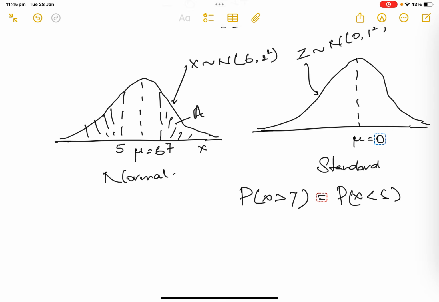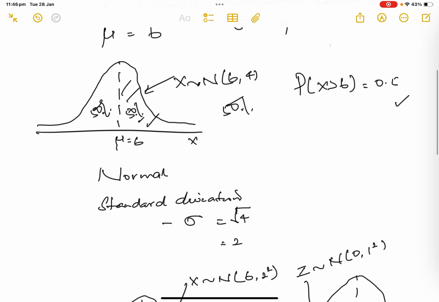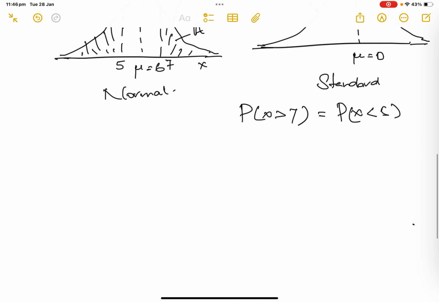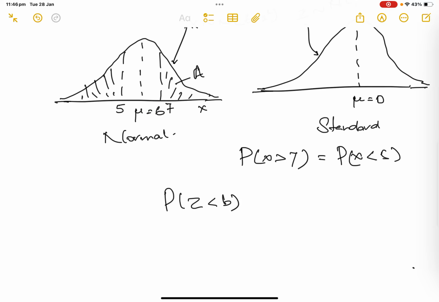So the probability of X greater than 7 equals the probability of X less than 5. Now we need to find the Z value, the probability Z less than b. We don't know what b is, but we need to find it.